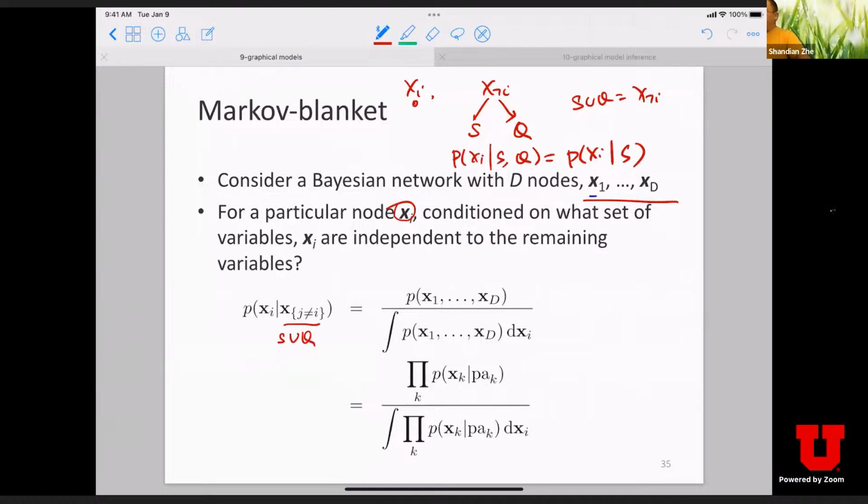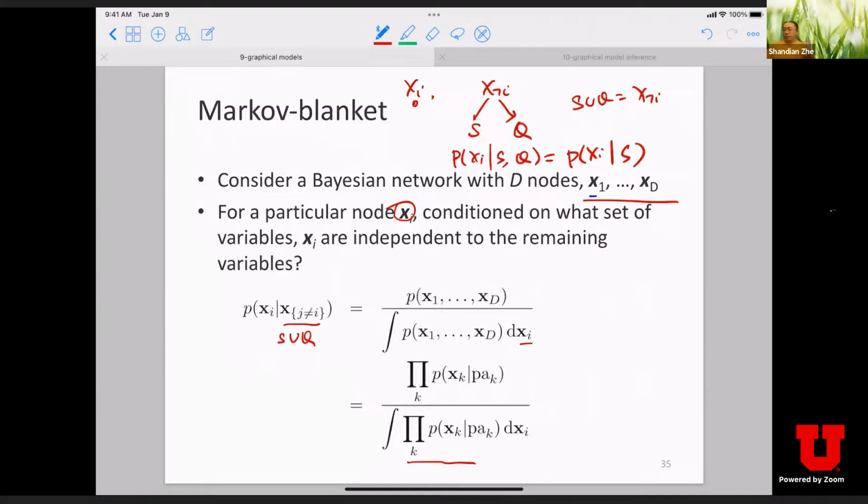The joint probability is just the product of a set of conditional probabilities, P of each xk given the parents of xk. Of course, some variables do not have any parent, so the parent set is empty. In the denominator, you just marginalize out xi from the product of those conditional probabilities.